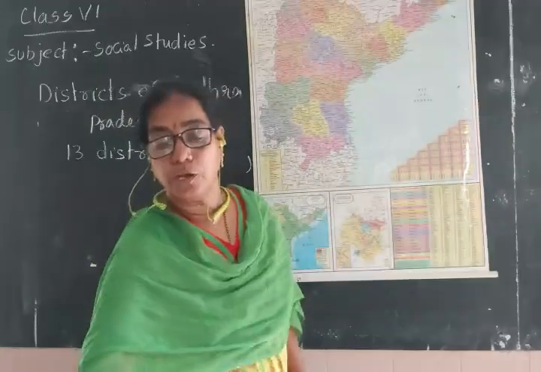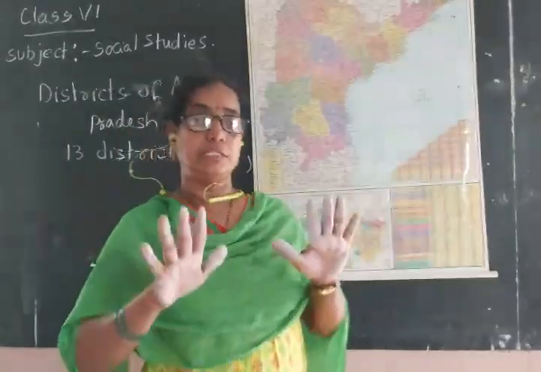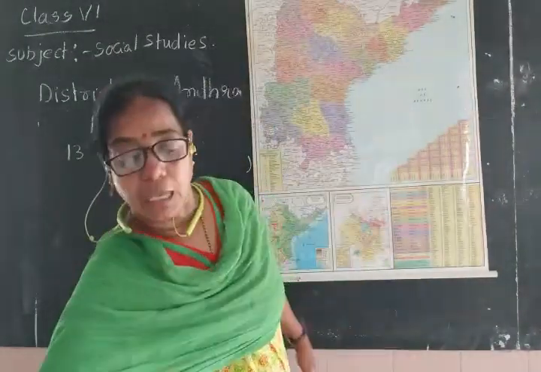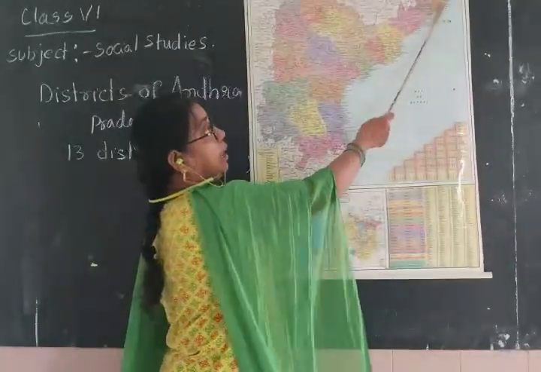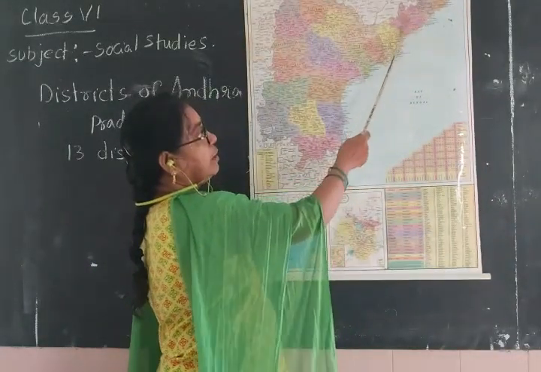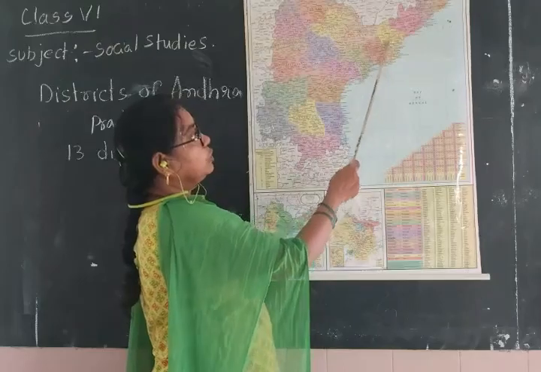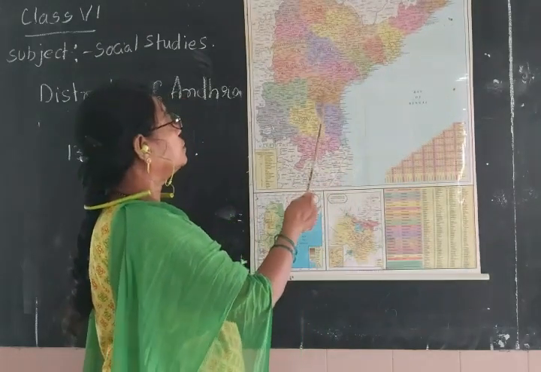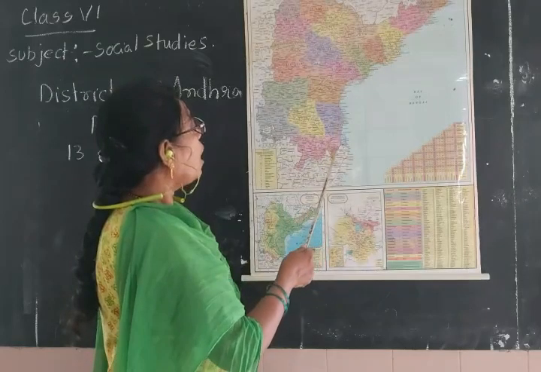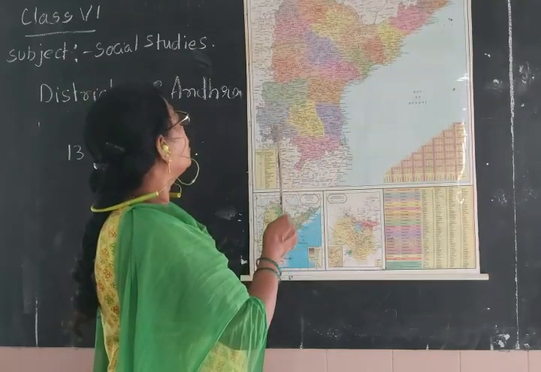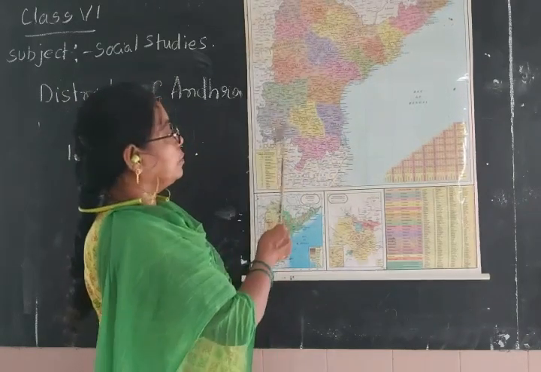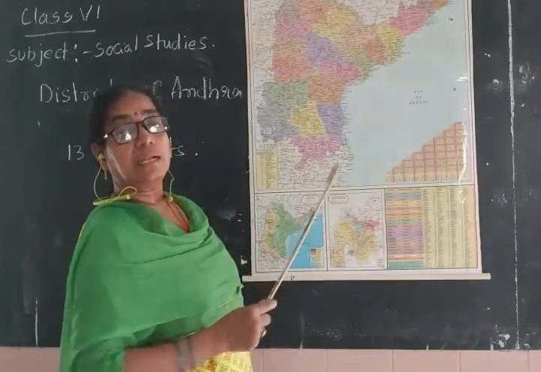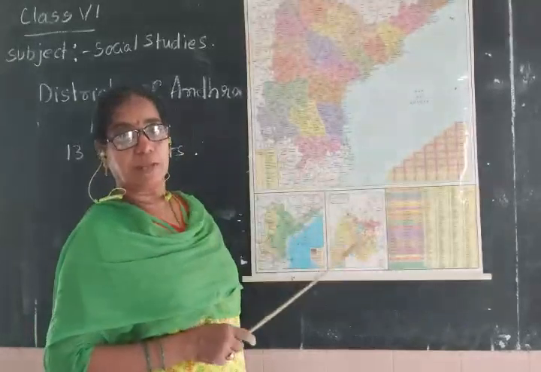They are Srikakulam, Vijayanagaram, Visakhapatnam, East Godavari, West Godavari, Krishna, Guntur, Prakasam, Nellore, Chittoor, Kadapa, Kurnool, Anantapur. These are all the districts. Again I am telling, 13 districts are there in Andhra Pradesh.